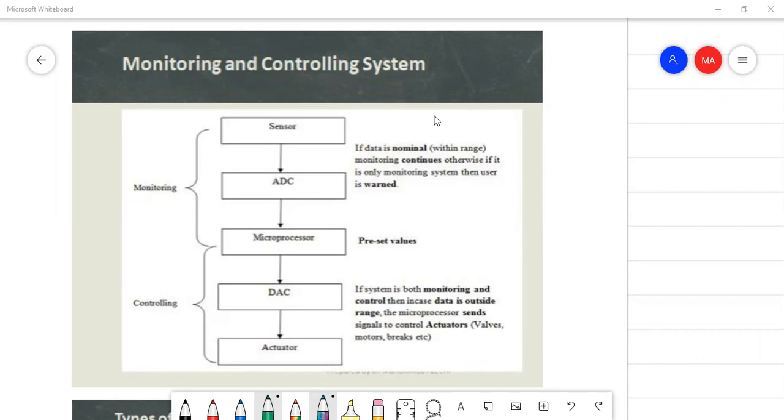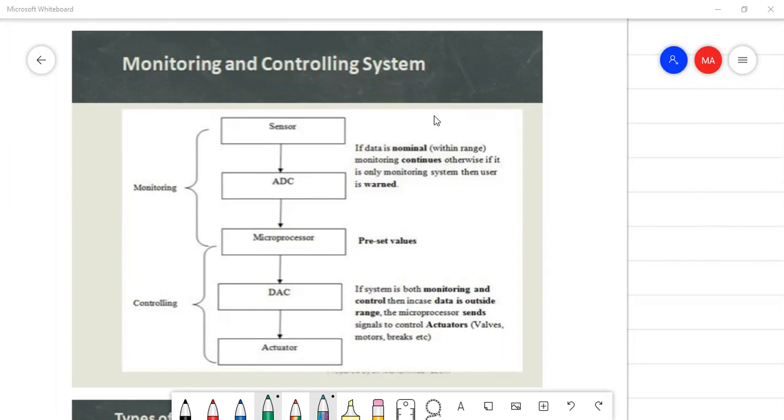So both devices, sensors and actuators, are working in parallel together. But these devices are activated only when the specified condition is given by the microprocessor.